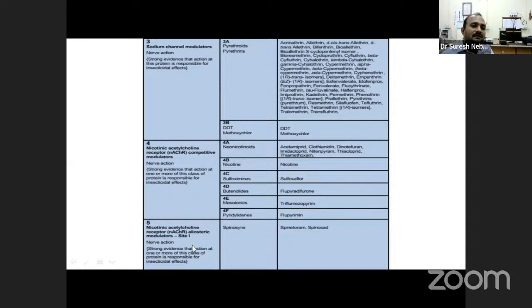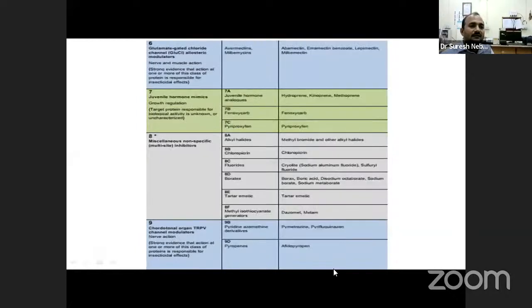Whereas other molecules like allosteric modulators bind to that receptor but at a different site, so they are not competing with the natural molecules in the insect body. That's why they are called allosteric modulators. So like this, you have to know.